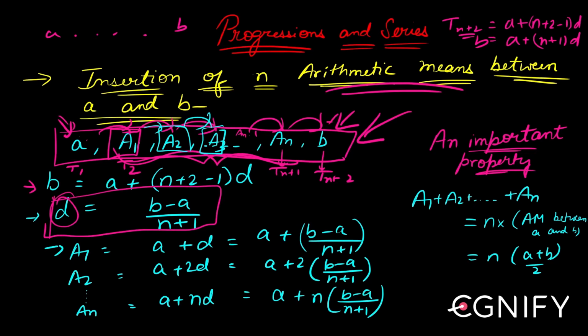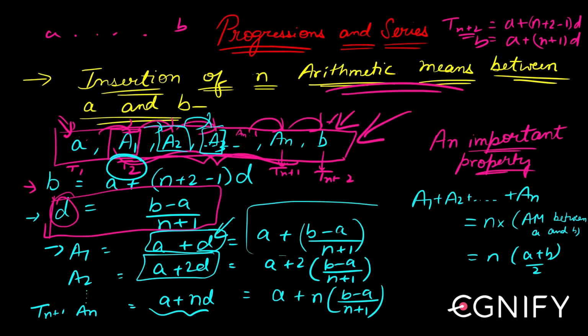So my A1 is A plus D, because the second term will be A plus D, the third term will be A plus 2D, and likewise your n plus first term will be A plus nD. So the formula for A1 is this. I got D, I've just put D here. A plus 2D, I know the value of D from here, I'll put it here. I know the value of D from here, for getting An, and I'll put it here. So these are your n arithmetic means.